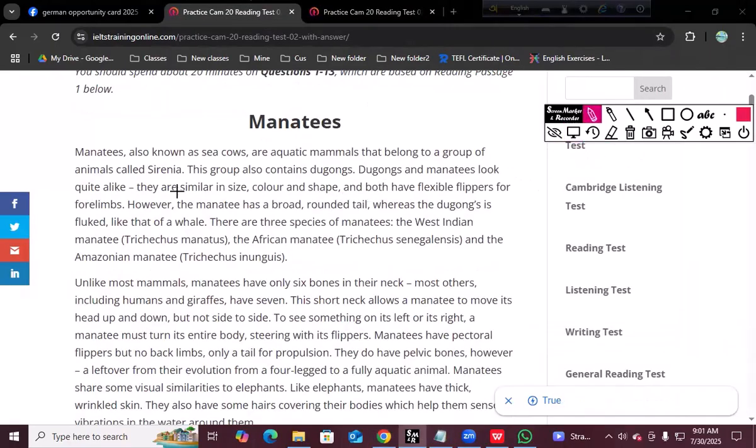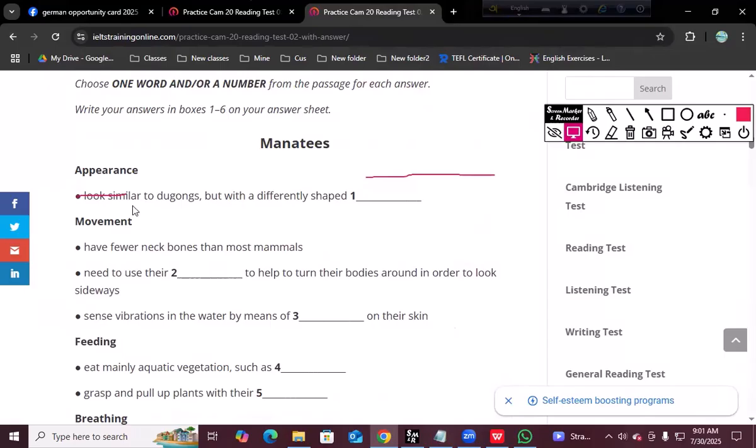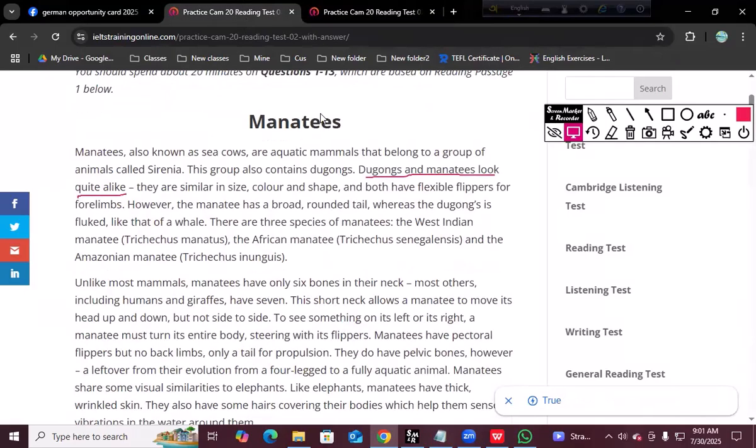So look here. Dugongs and manatees look quite alike. That's what the question says, look similar to dugongs. Then they are similar in size, colors, and shape, and both have flexible flippers for limbs. However is the synonym of but.